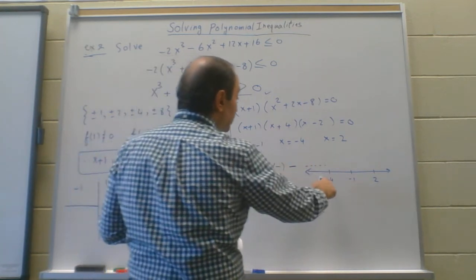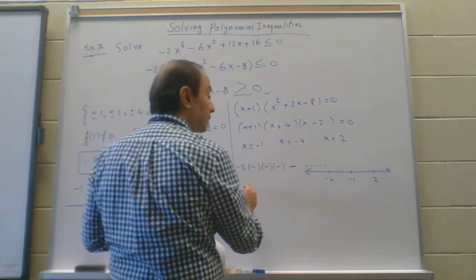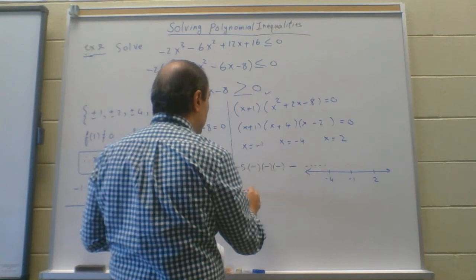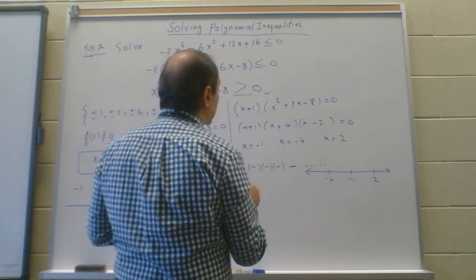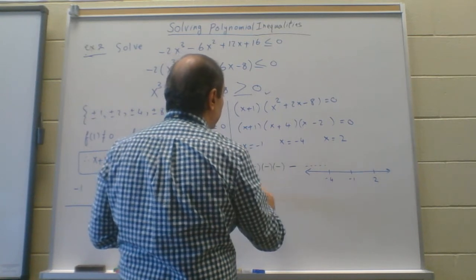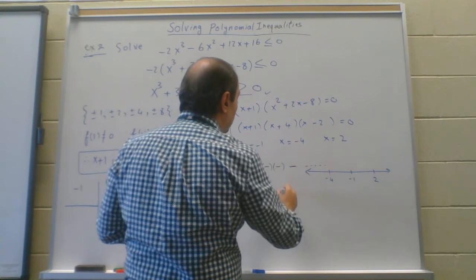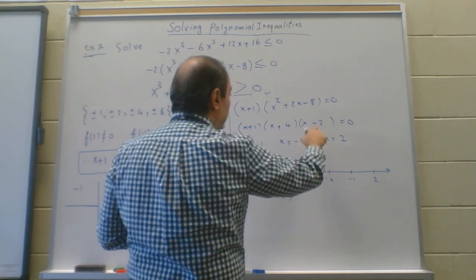Then if I choose a value between negative 4 and negative 1, let's say negative 2. Negative 2 in the first factor will be negative. Negative 2 in here will be positive. Negative 2 here will give us negative.